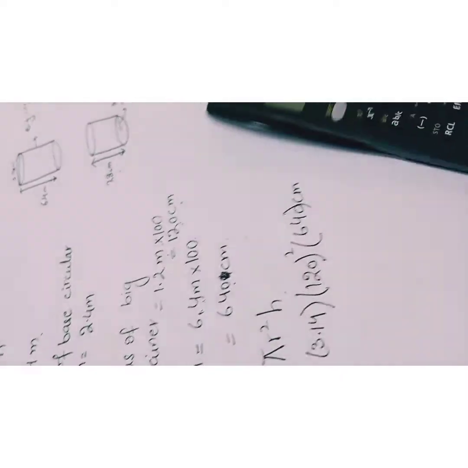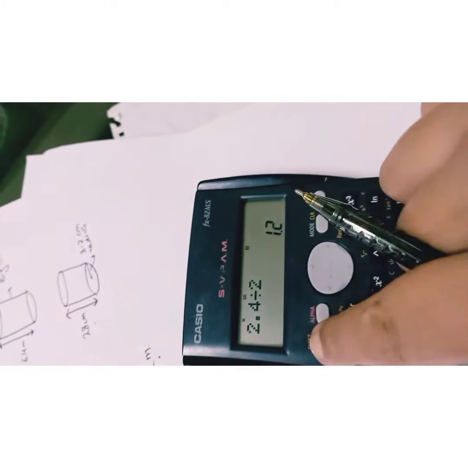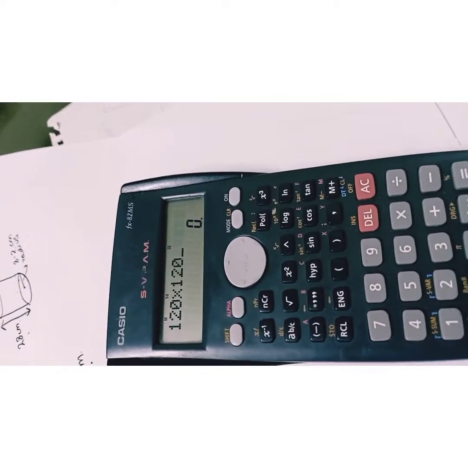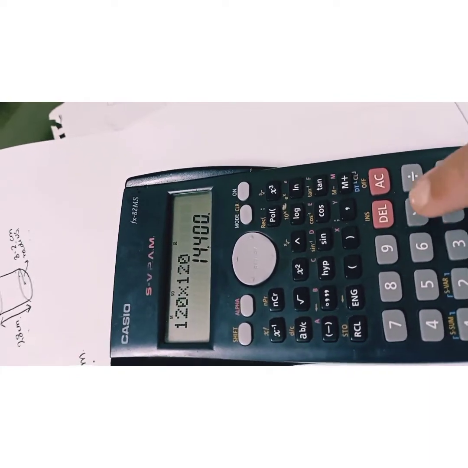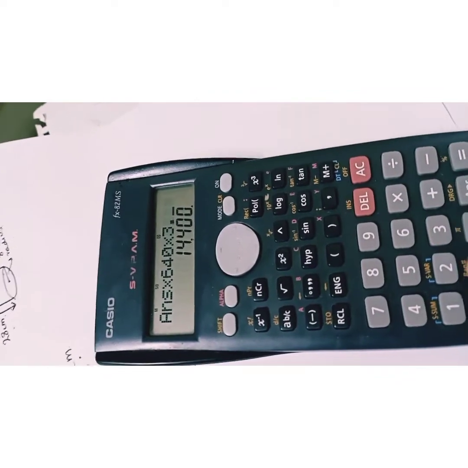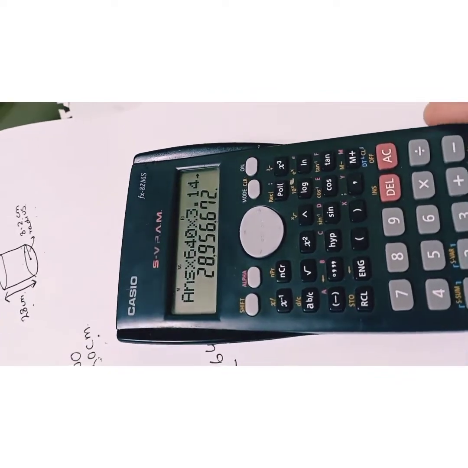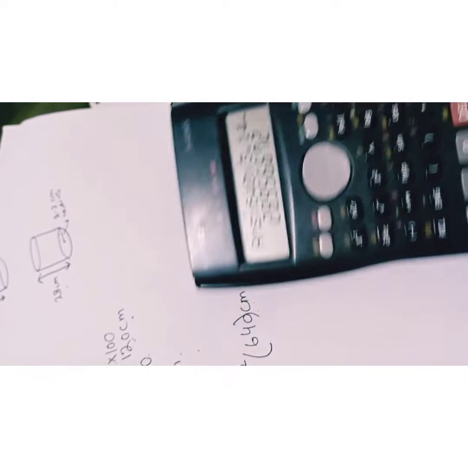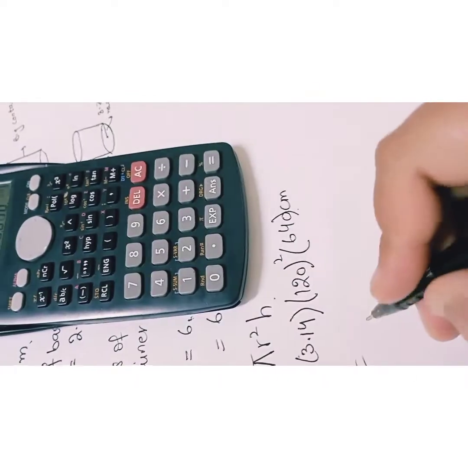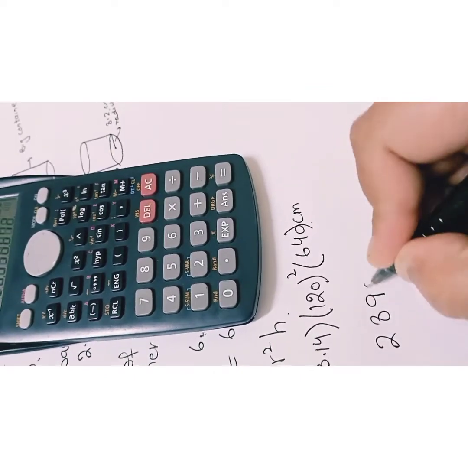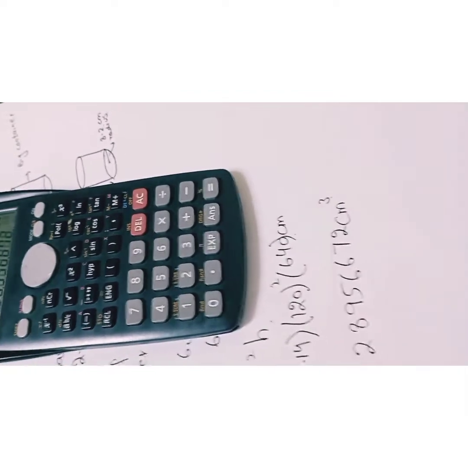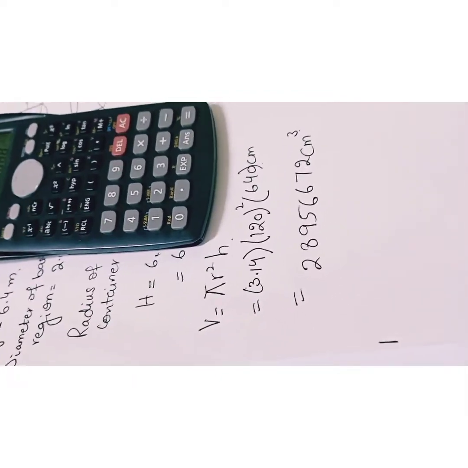So let's multiply this: 120 multiplied by 120, which is 120 square, then multiplied by 640 and 3.142. So we get this big value, which is 28956672 centimeter cube. The volume is always in either centimeter cube or meter cube.